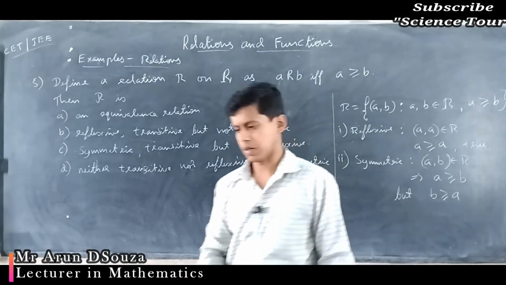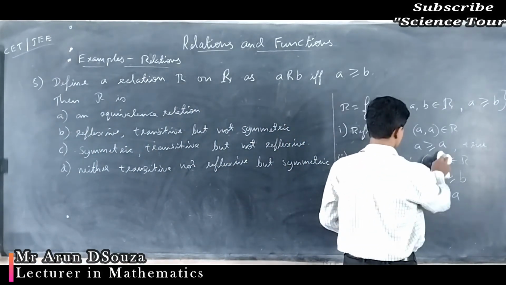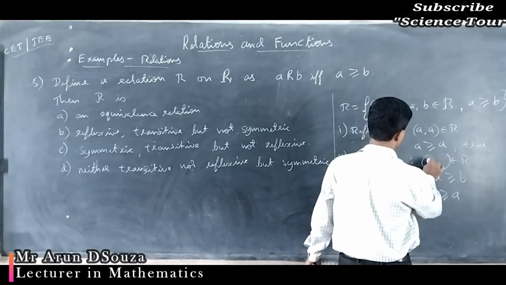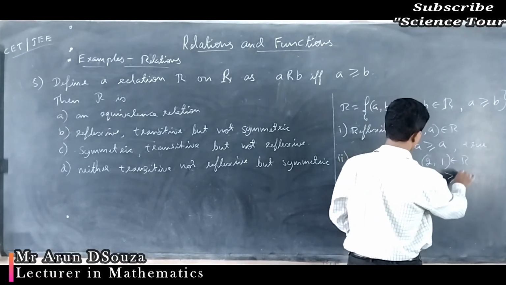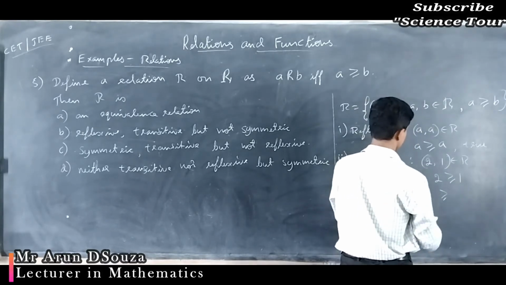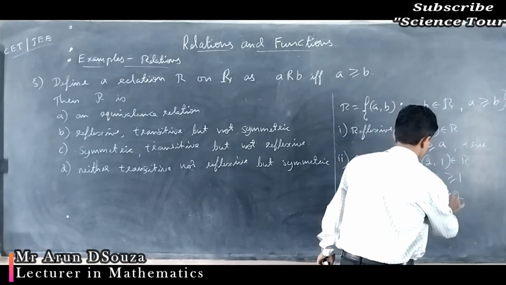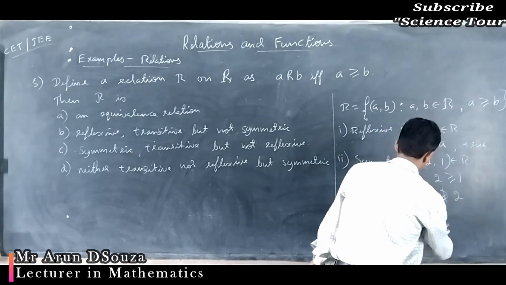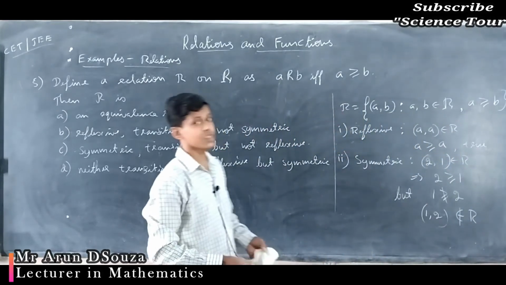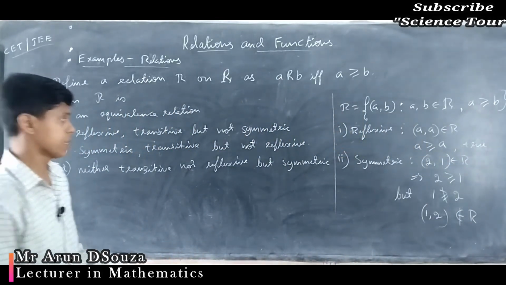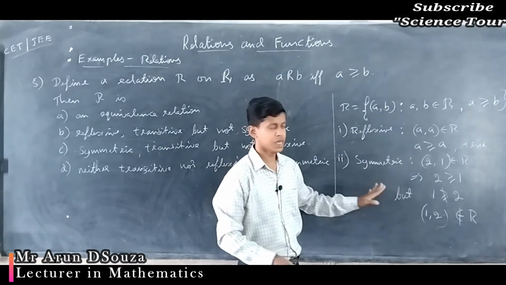So let's take an example. You can take any integer from the real numbers. So I'll take 2 comma 1. We can say that 2 is greater than or equal to 1, but do you think 1 is greater than or equal to 2? No. So it is not. Therefore 1 comma 2 does not belong to R. Therefore it is not symmetric. See, remember, it is reflexive but not symmetric.